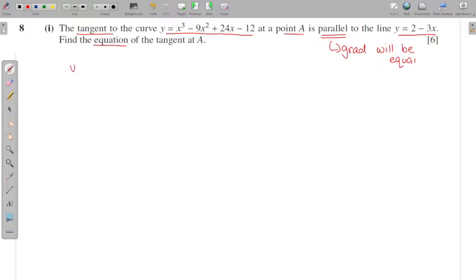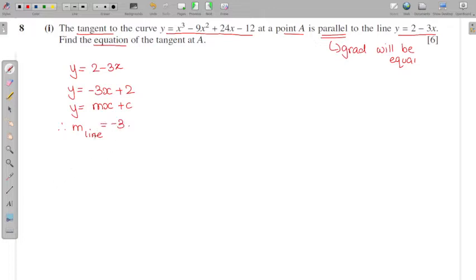So if we use that line y equal to 2 minus 3x, that can be arranged in this format, minus 3x plus 2. So y equal to mx plus c, where m denotes the gradient. So from here we can conclude that the gradient of the line is minus 3.